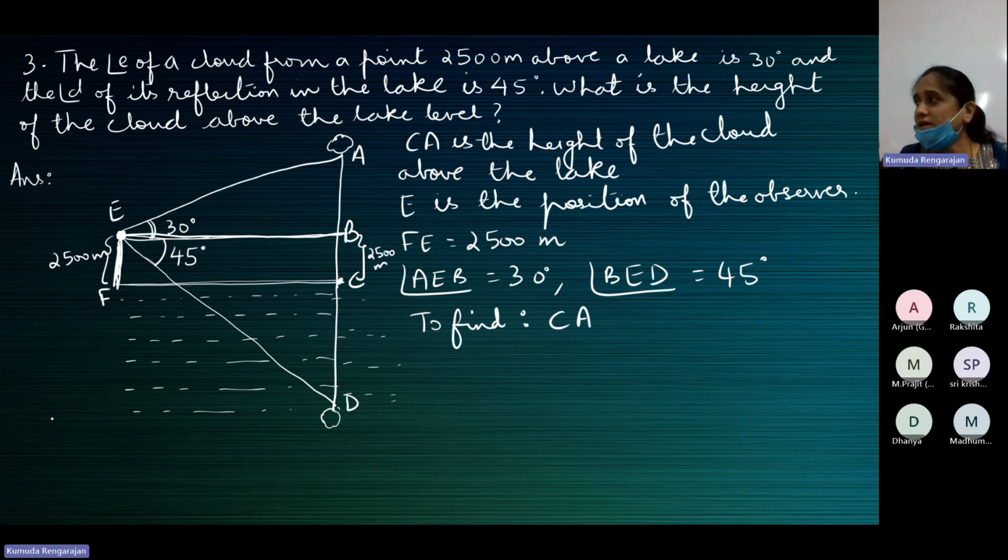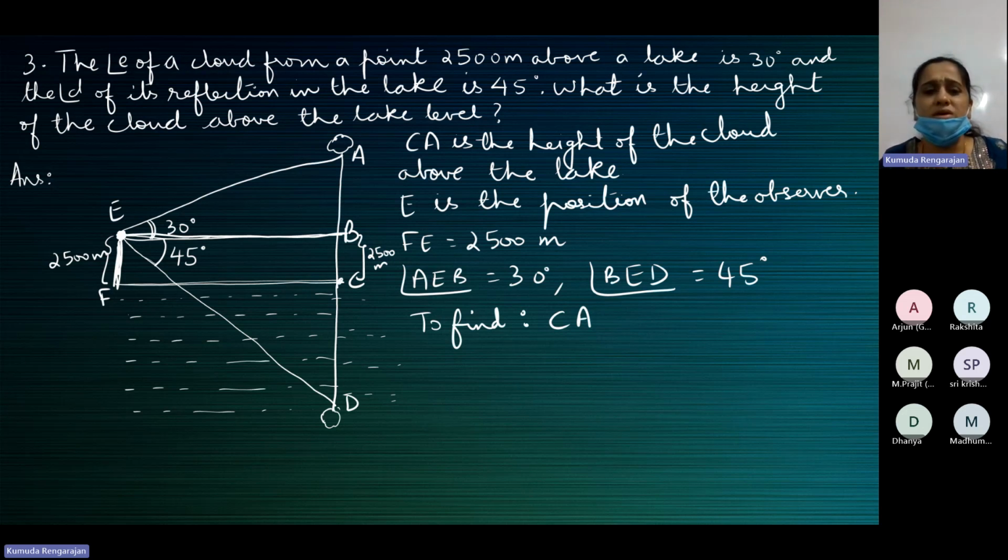Here we know that the distance between the surface of the water and the cloud is equal to the distance between the surface of the water and the reflected cloud. So there are some line segments equal here. So please use variables X, Y, Z, whatever.